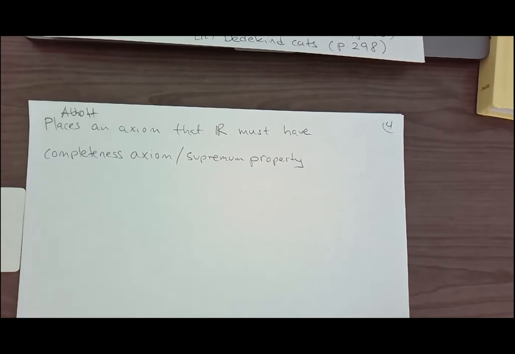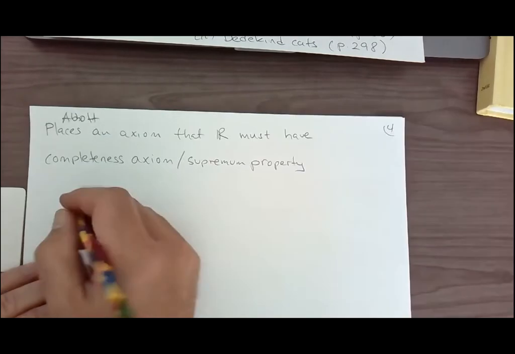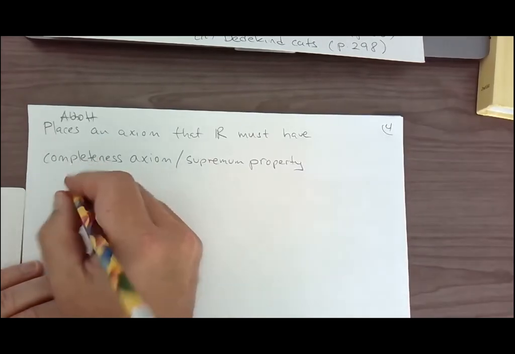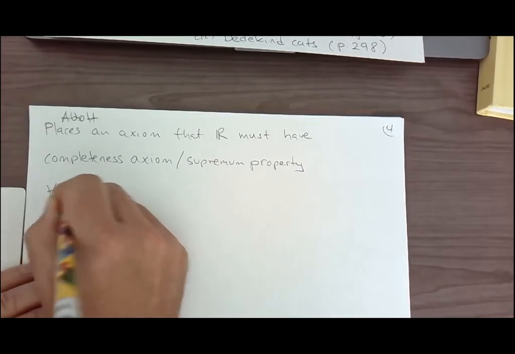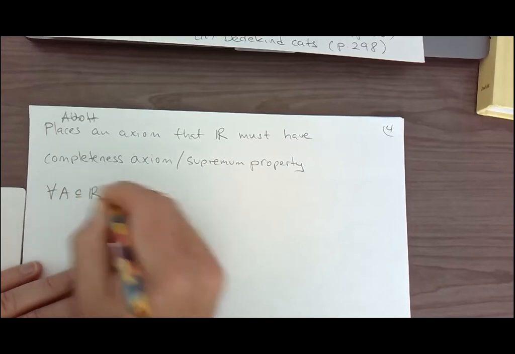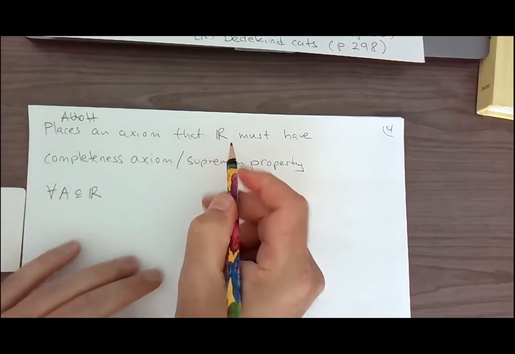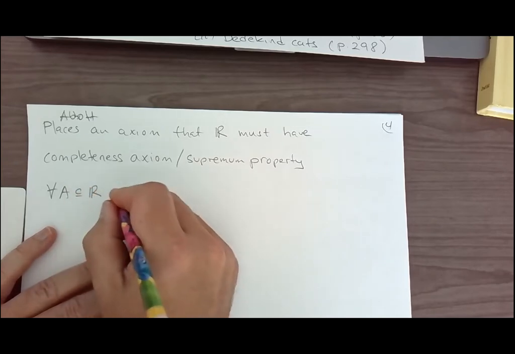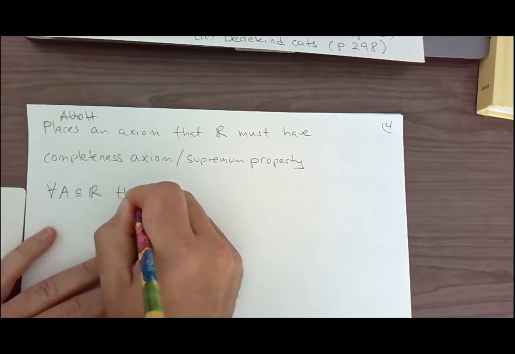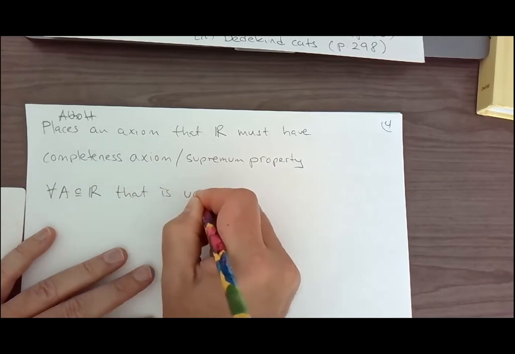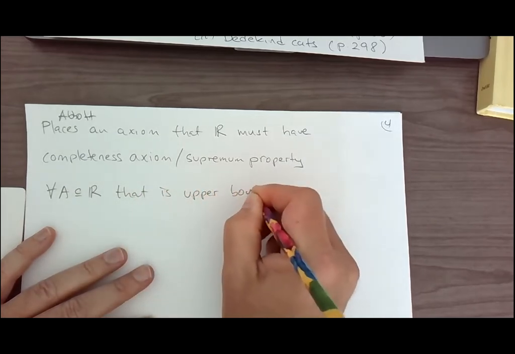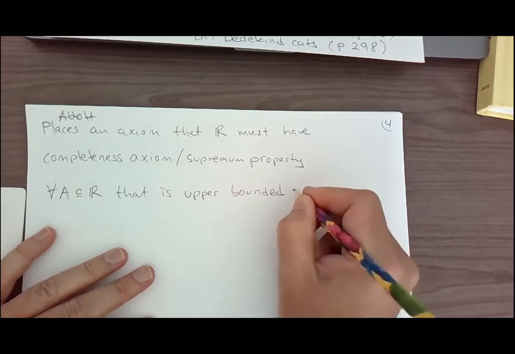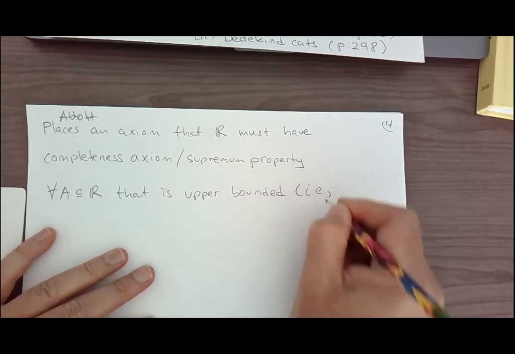some of you, I'm guessing most of you, will have seen the supremum before, but let me just recall it. The supremum property is that you pick a set, any set inside R, which is upper bounded, for any subset of R that is upper bounded. So let's just recall what it means to be upper bounded.